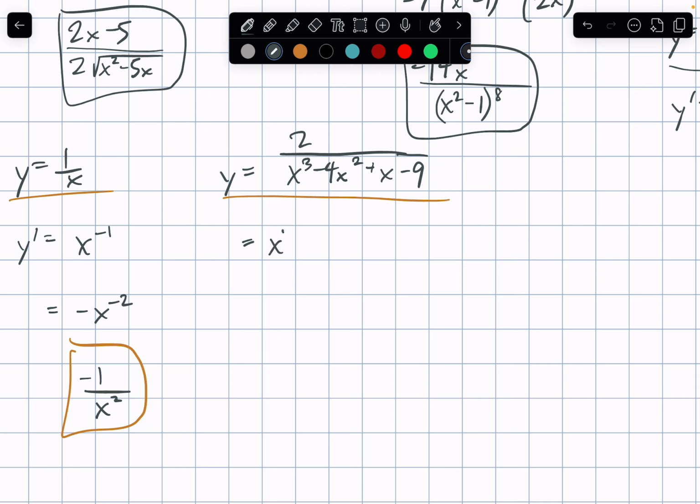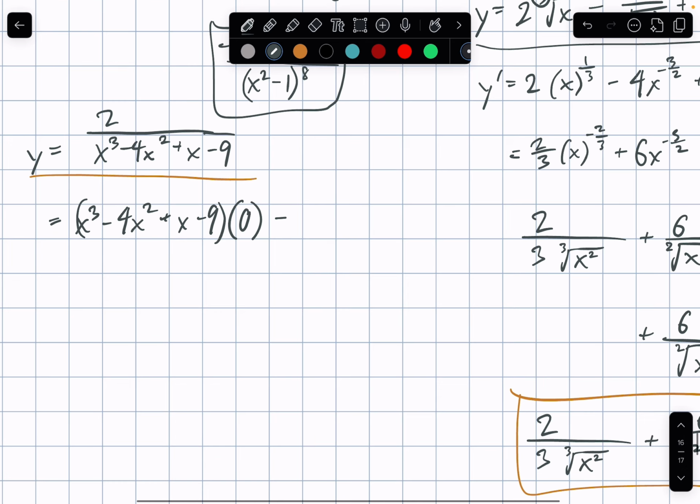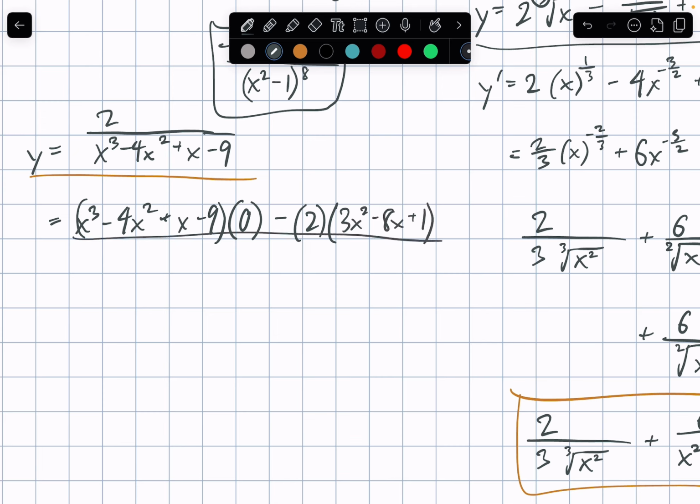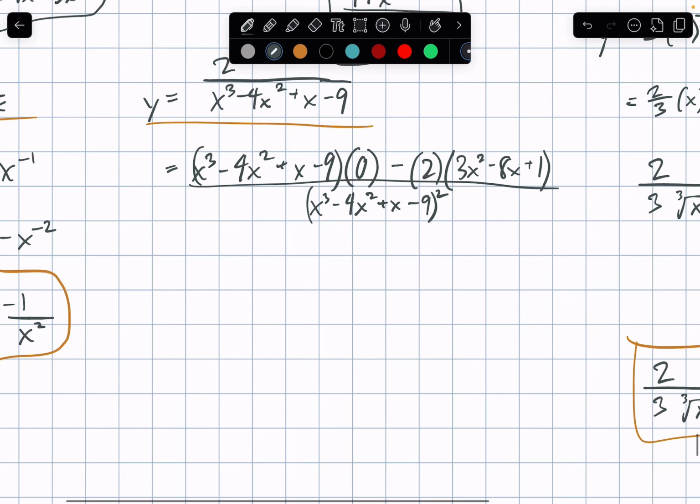So again, just copy the denominator and then find the derivative of the numerator. Numerator is a constant, so automatically 0. And then just copy the numerator and then find the derivative of the denominator. So 3x squared minus 8x plus 1 over, and then put a square.